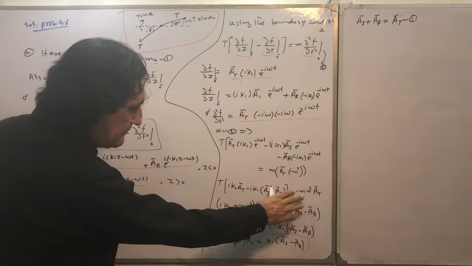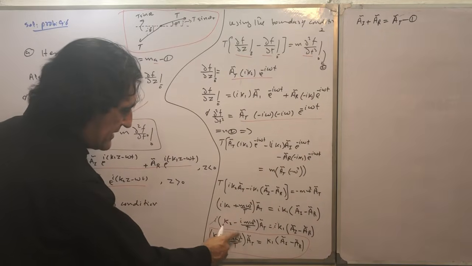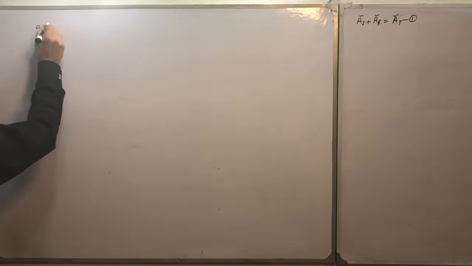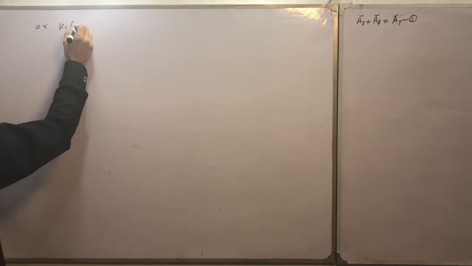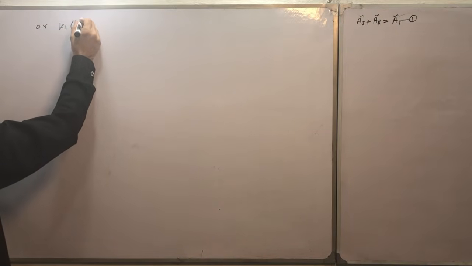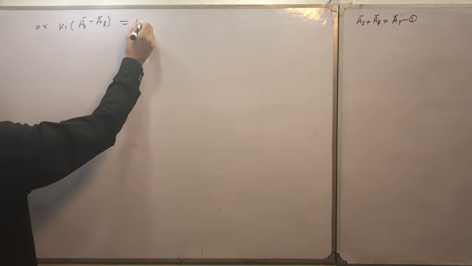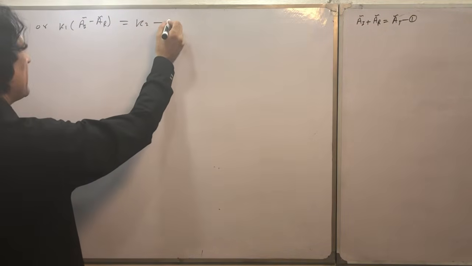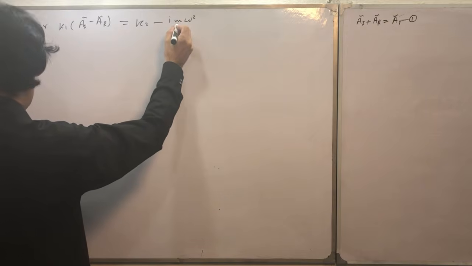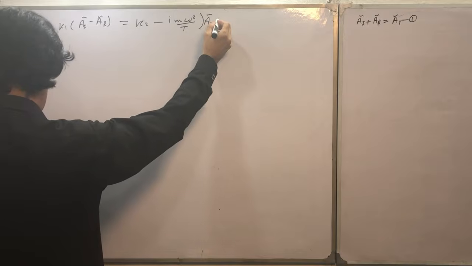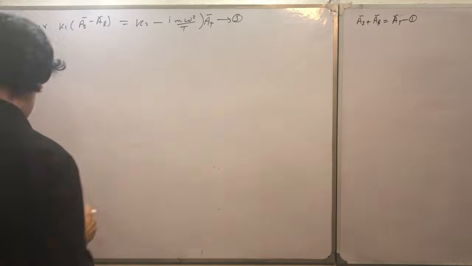This is very simple mathematics, because we are interested to find AT. So K1 AI minus AR is equal to K2 minus iota m omega square divided by T, times AT. Let's suppose this is equation number 3.